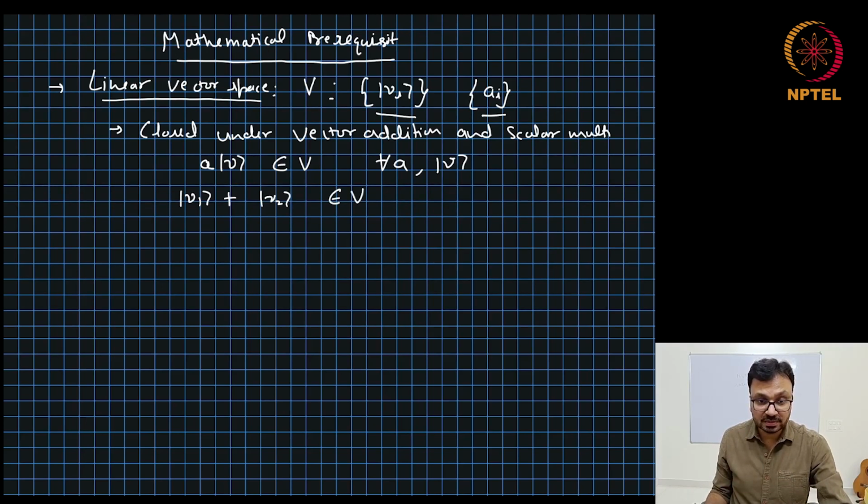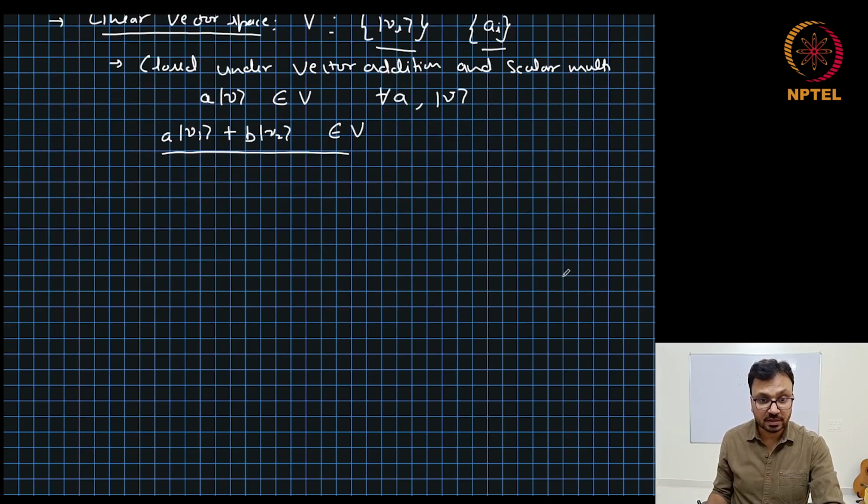So we can write one statement which contains both conditions: aV1 plus bV2 should belong to the same set. This is what we mean by closed under vector addition and scalar multiplication.